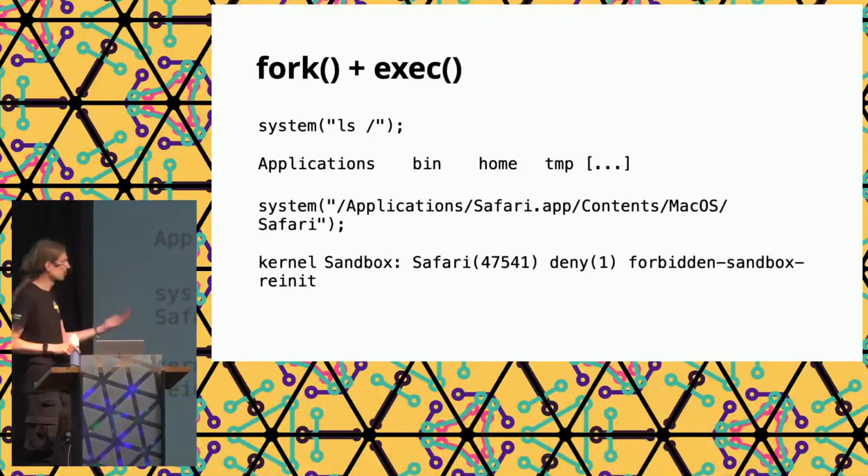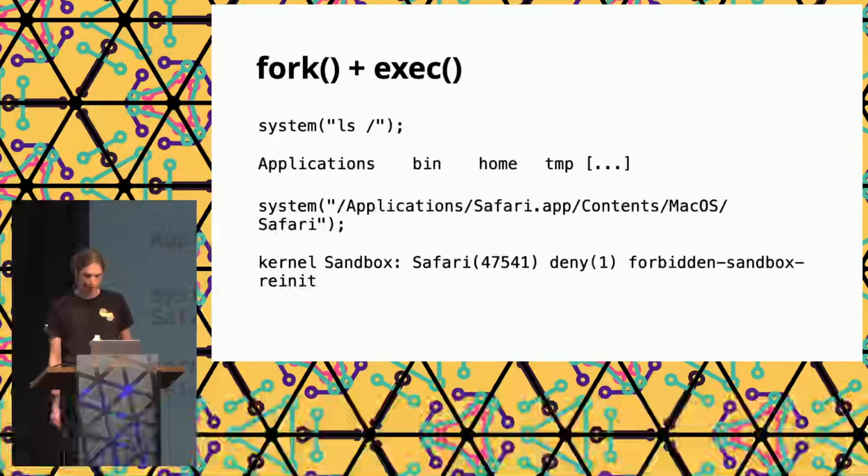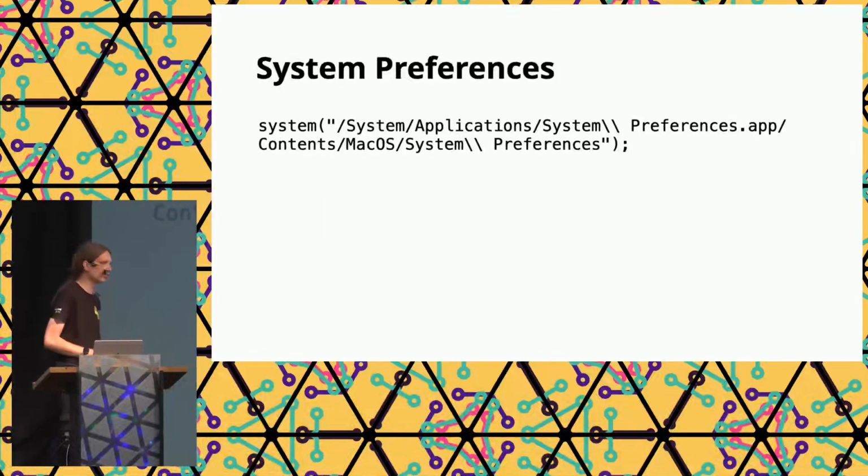So if you try to launch Safari from within a sandboxed application, then the kernel will terminate it because Safari should sandbox itself, but it tries to do that while already sandboxed, so it cannot do that. So just as an experiment, I tried to launch all of the applications from within a sandboxed application. And I noticed something quite interesting, which was that system preferences was working just like normal.